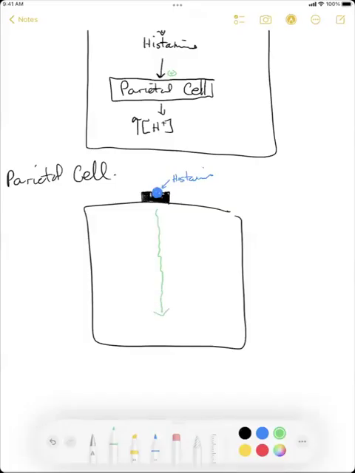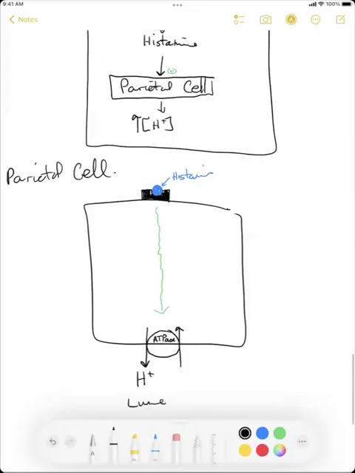And the acid is produced by a pump that exists on the surface of the cell. It is an antiport pump, and it pumps hydrogen ions out into the lumen of the stomach, and it brings potassium ions in.